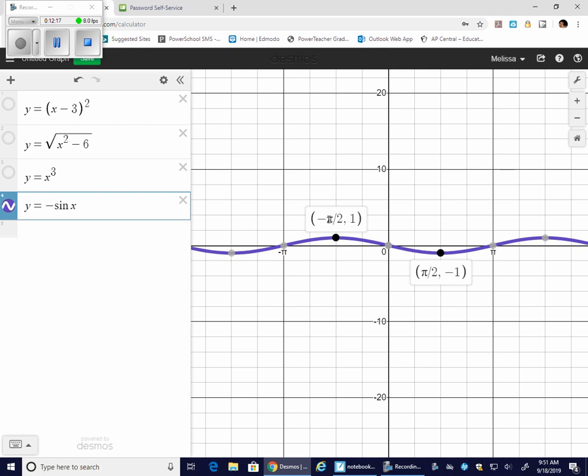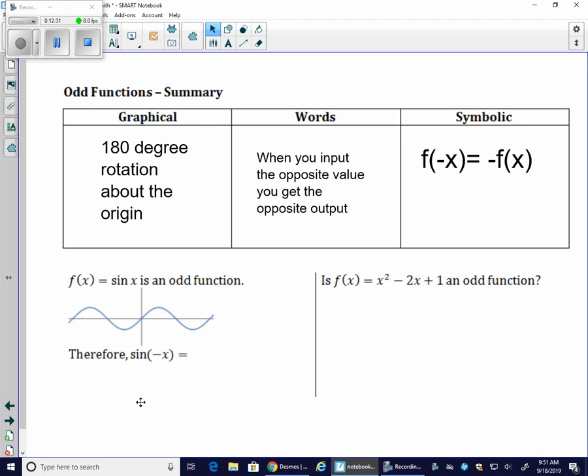Let me say that one more time. My opposite inputs, negative pi over 2 is opposite of pi over 2, will yield opposite outputs. That makes something an odd function. So therefore, if I plug in a sine of -x, the answer will be the negative of sine positive x.